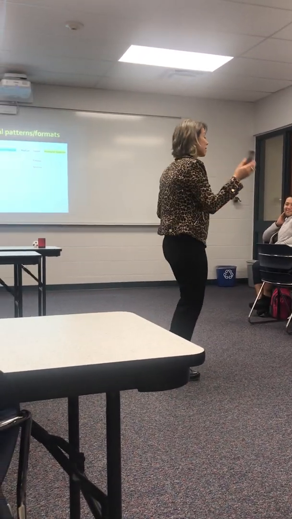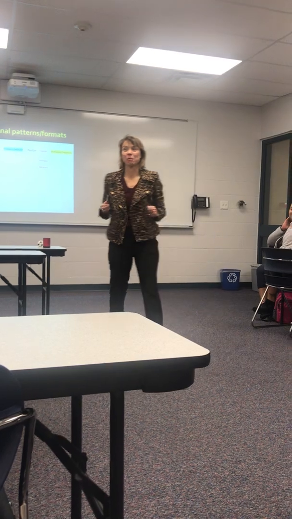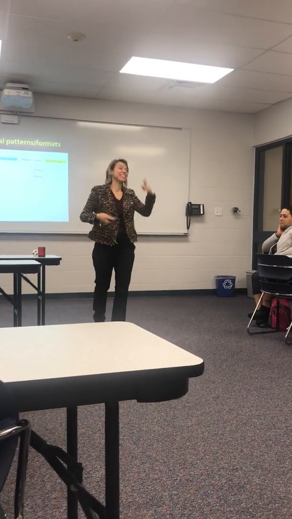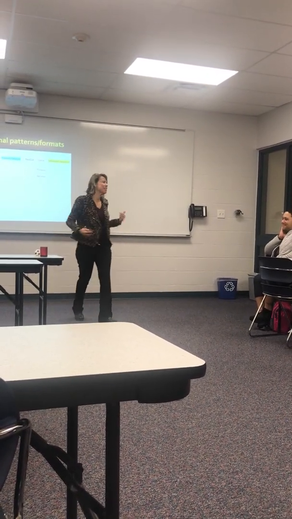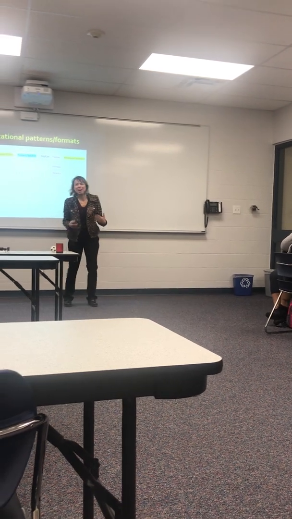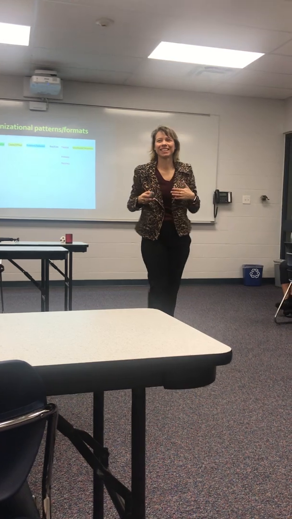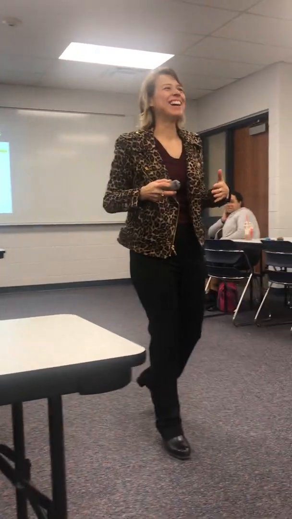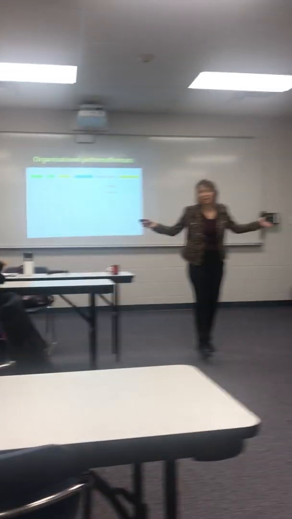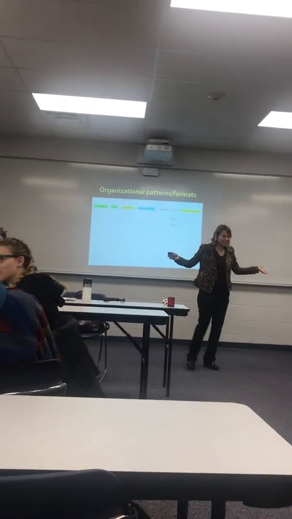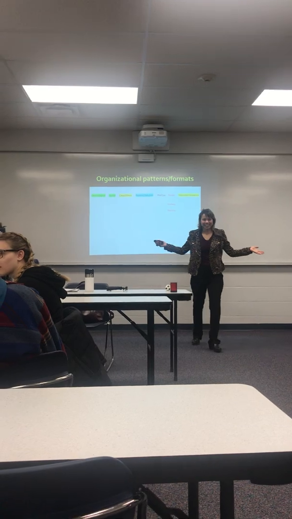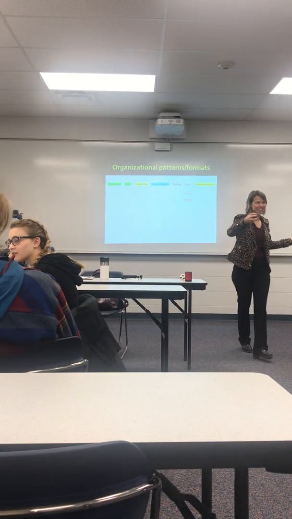Mercury, Venus, Earth, Mars, Jupiter, Saturn, Uranus, Neptune. Okay, what's the first planet, everybody? Mercury. The next planet? Venus. Mars, Jupiter, Saturn, Uranus, Neptune, Pluto. But we don't count Pluto anymore. Do we?